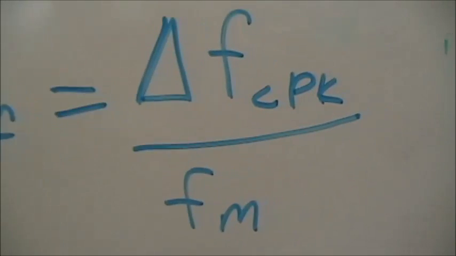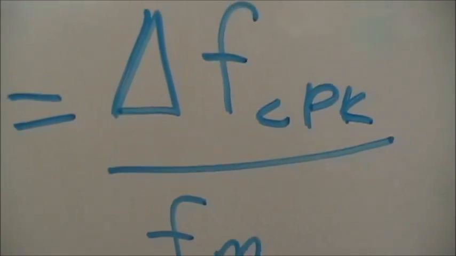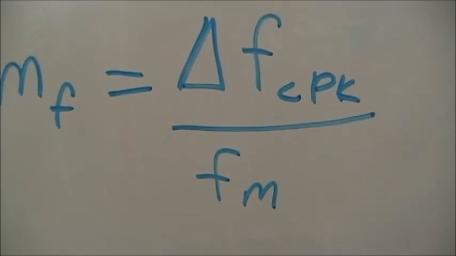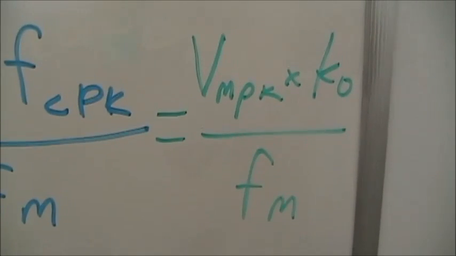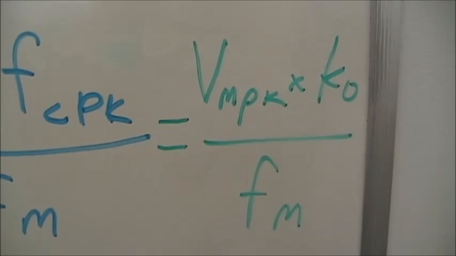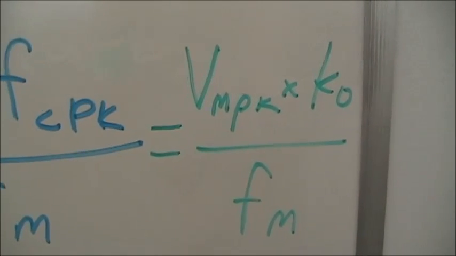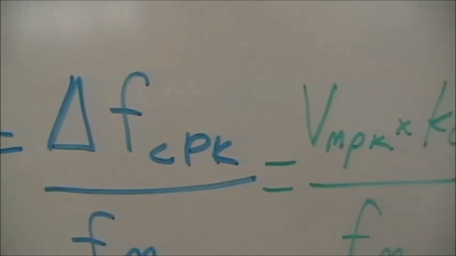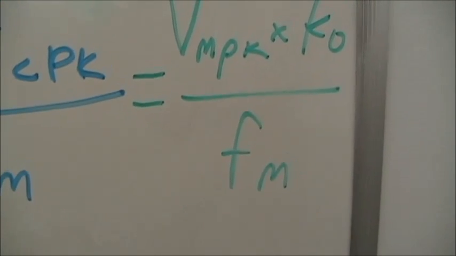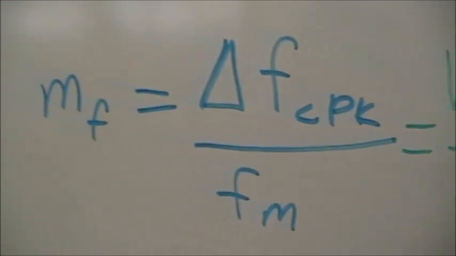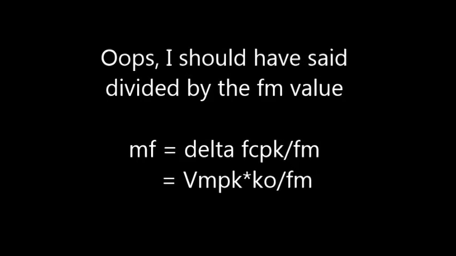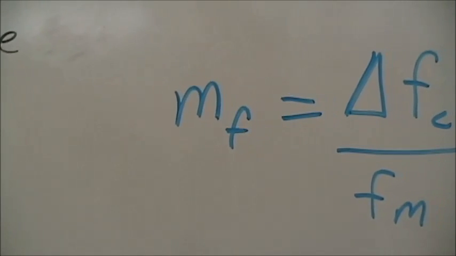But delta f_c peak is obviously related to the modulating voltage. And so the final relationship we have is the modulation voltage peak times the K_o value produces the change in the carrier frequency, divided by f_m to give us the modulation index.